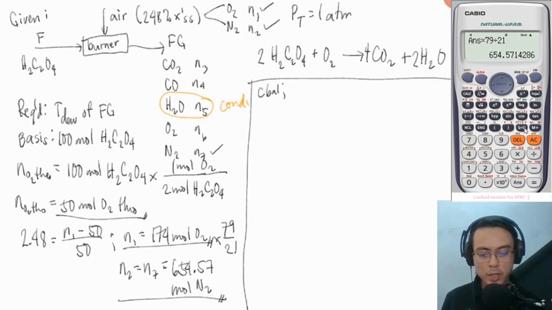What's your carbon balance? That is 2 times the feed is equal to N3 plus N4, but 65% of the carbon forms CO2, am I right?